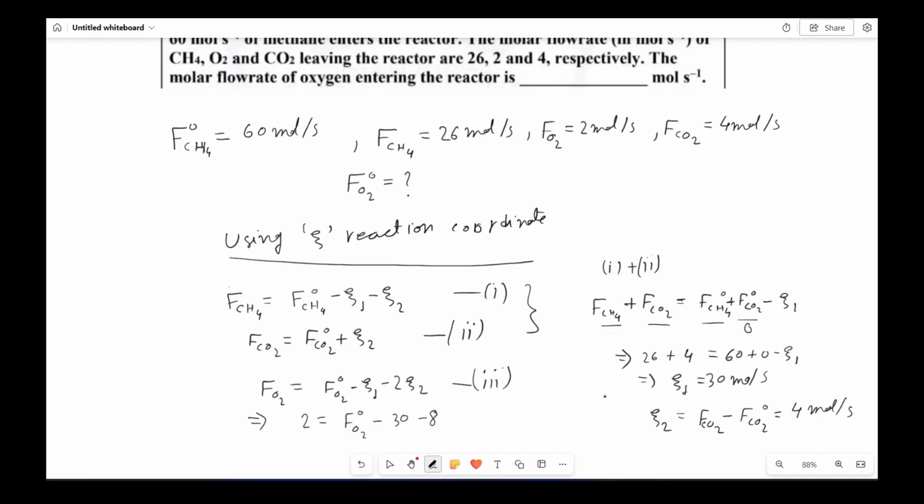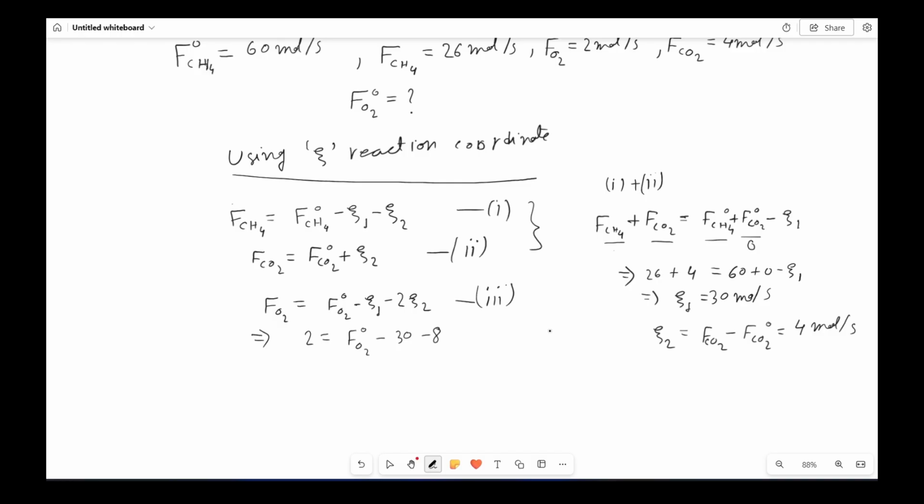So from here we get FO2 naught as 40 moles per second. So this is our answer: the inlet to the system is 40 moles per second.